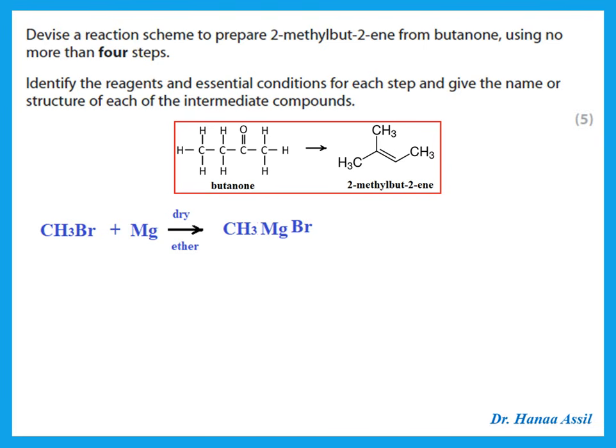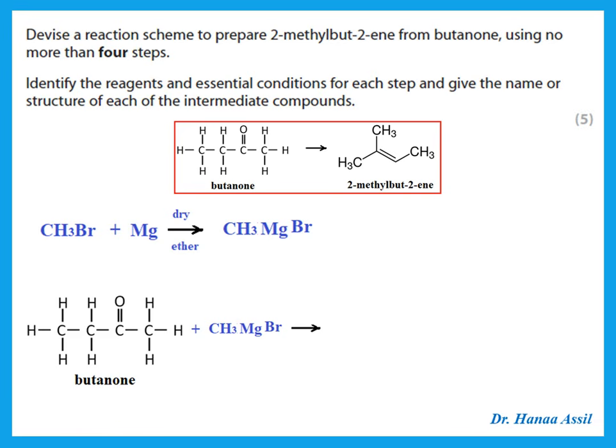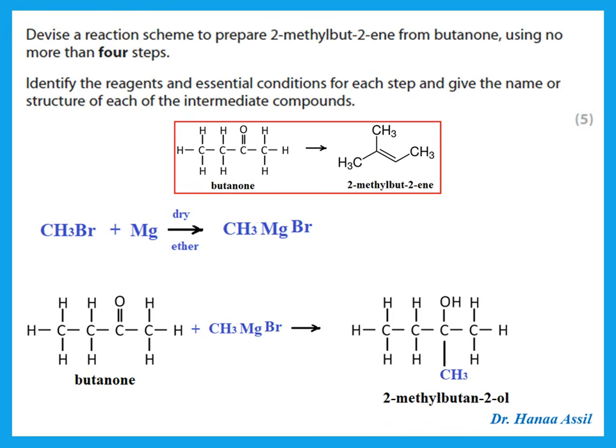I get the Grignard reagent. Then I can react the Grignard reagent with the butanone. What will that do? That will add the extra methyl group on that carbon, but then I have it in the form of an alcohol. How do I change the alcohol into an alkene? Concentrated phosphoric acid will give the required product.